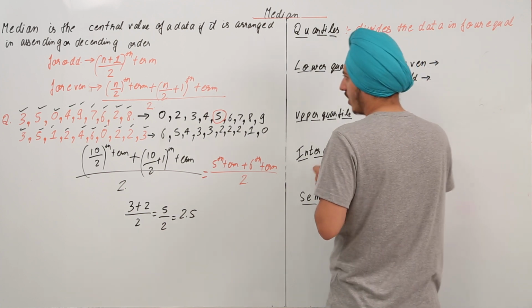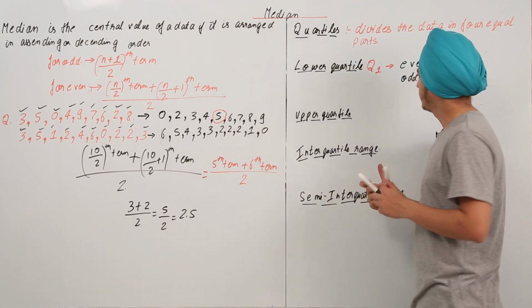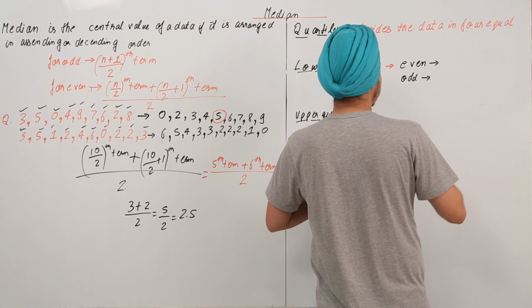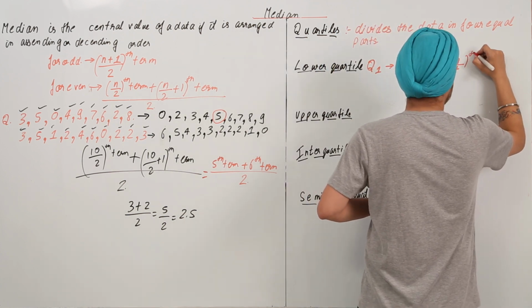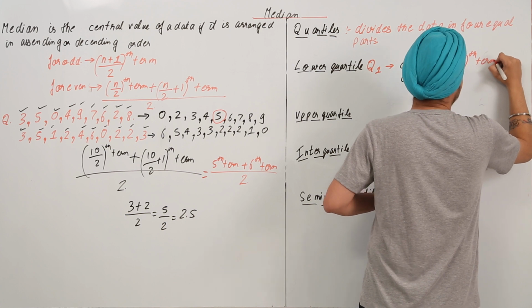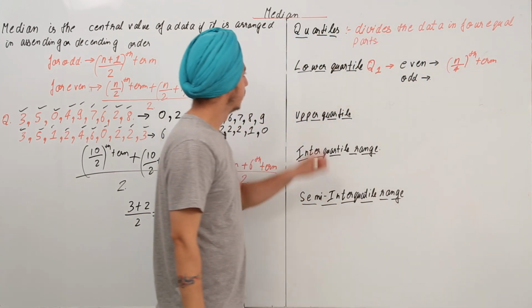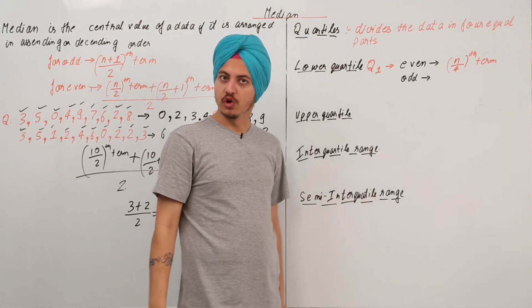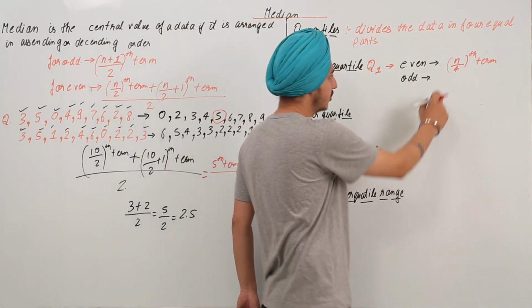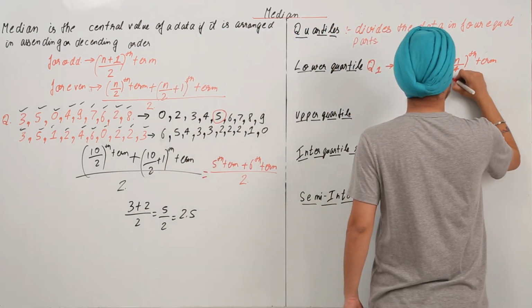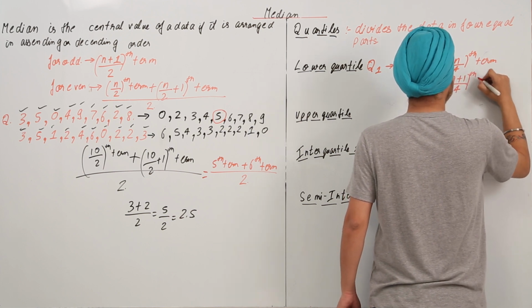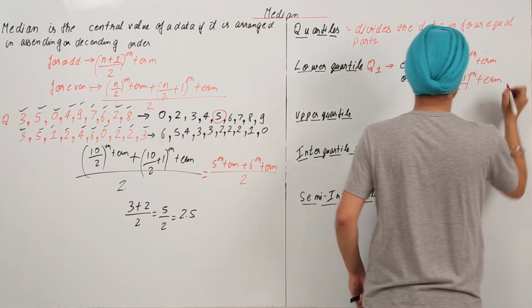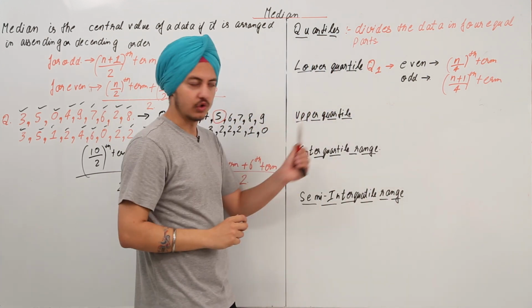For even, this is equal to the n by 4th term, and for odd it is equal to the n plus 1 by 4th term. Okay, this is the lower quartile.